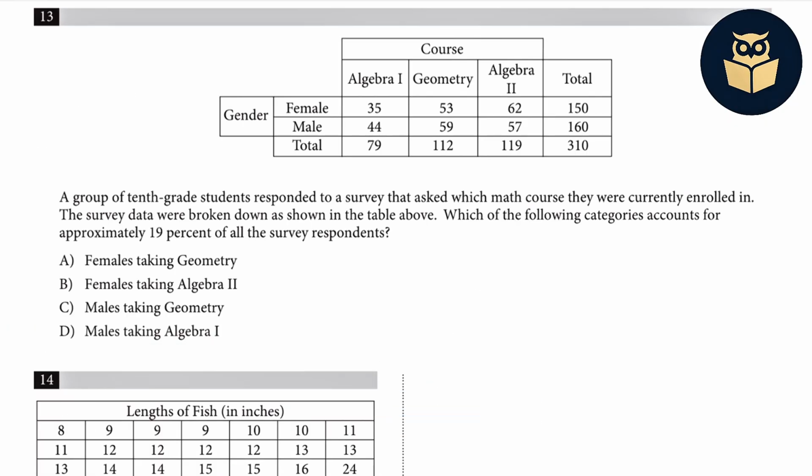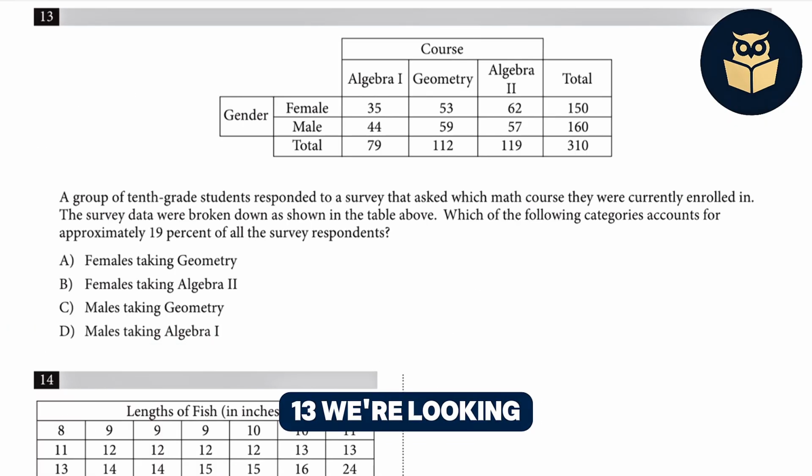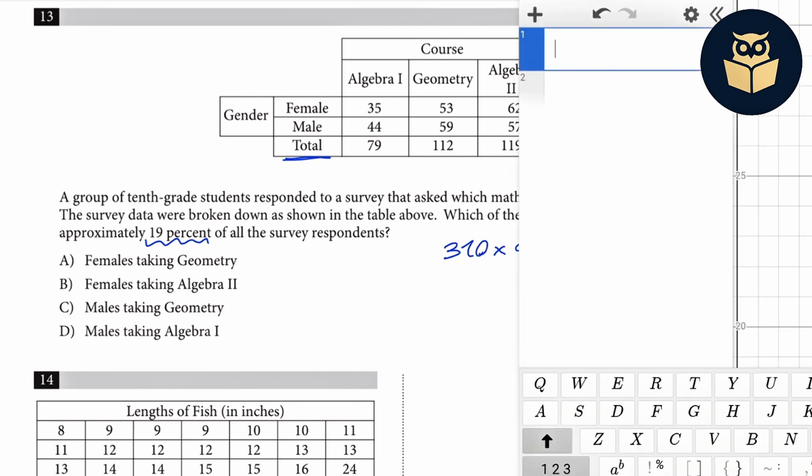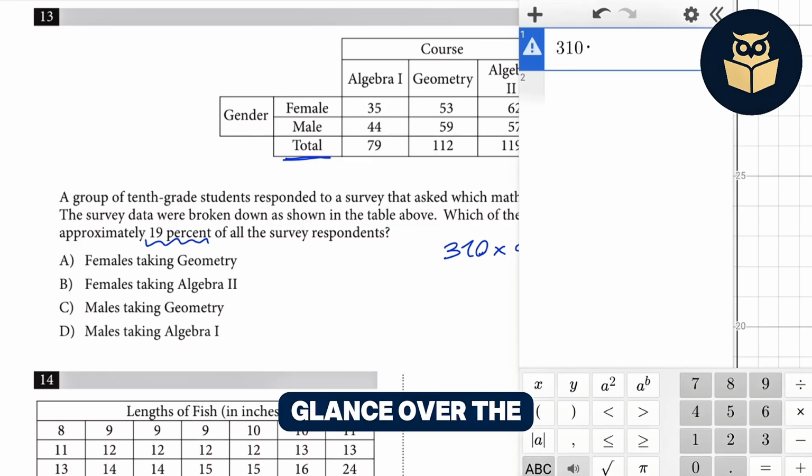On to question 13. We're looking for a category in the table that accounts for roughly 19% of all 310 survey respondents. Let's calculate 19% of 310: 0.19 times 310 is 58.9. Now glance over the table for a cell with a value close to 59.